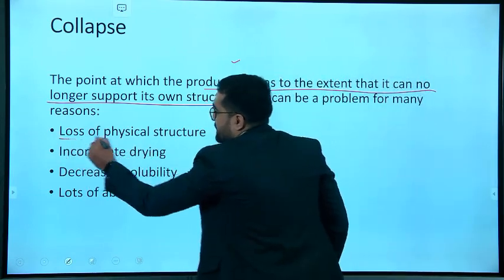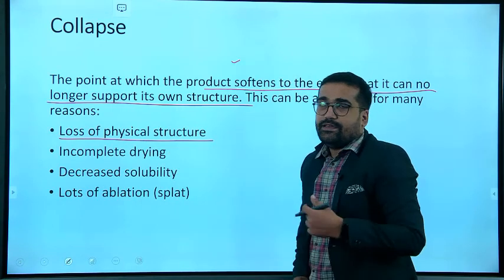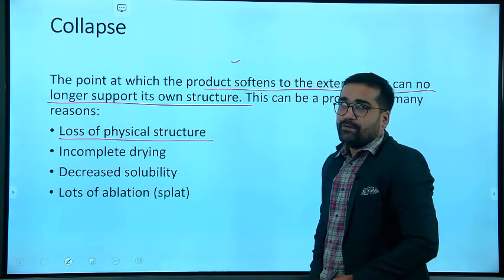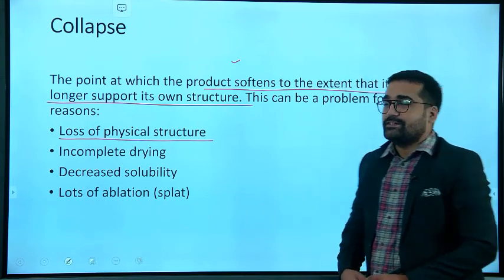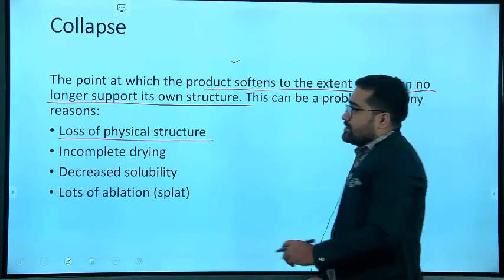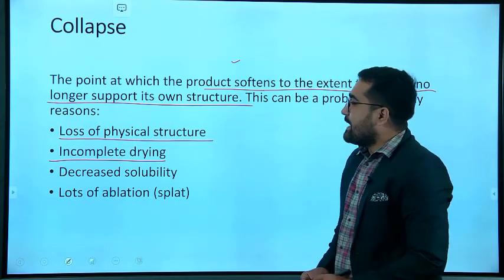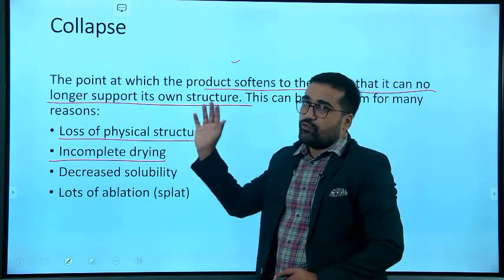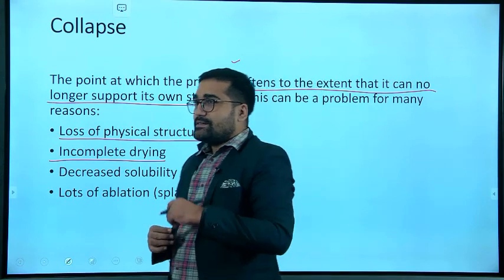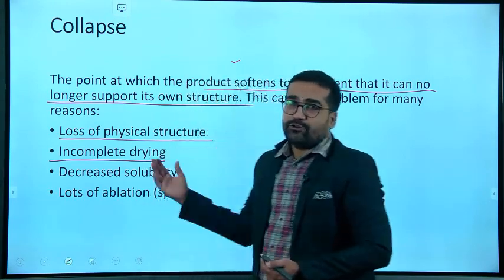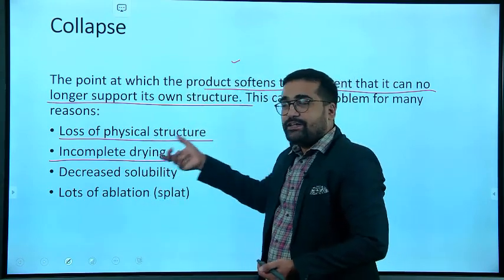The reason for this collapse can be that the physical structure of the product is not capable of retaining its shape, or the drying is incomplete. When drying is incomplete, what happens? The water will try to melt, and then the structure will deform.